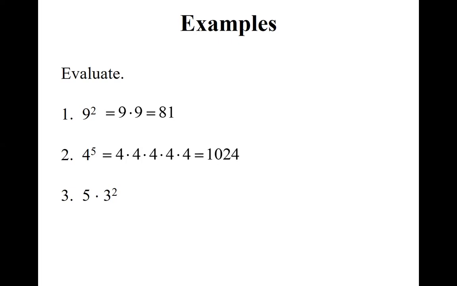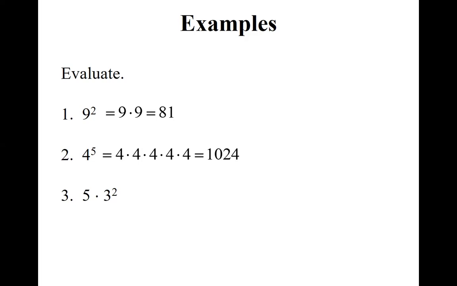In number 3, 5 times 3 squared. We would not do 5 times 3 is 15, and then 15 squared is 15 times 15. That 5 is to the first power. There's no power on it at all. And when there's no power, that means there's one factor. One factor would be an exponent of 1.